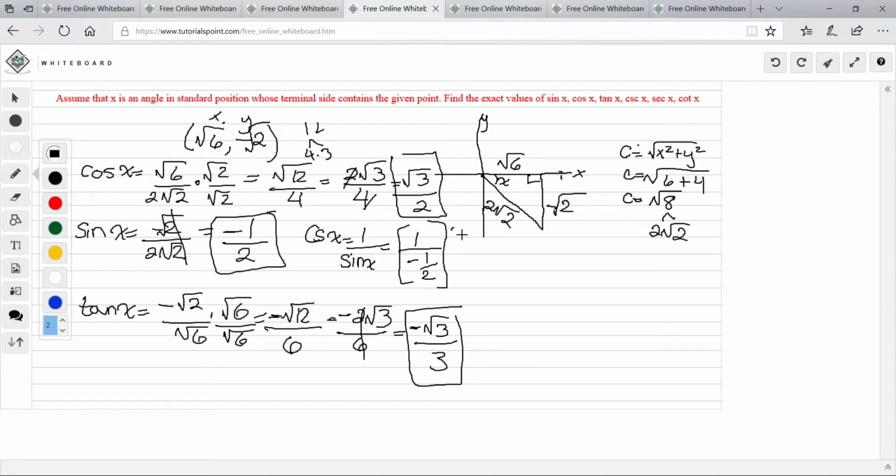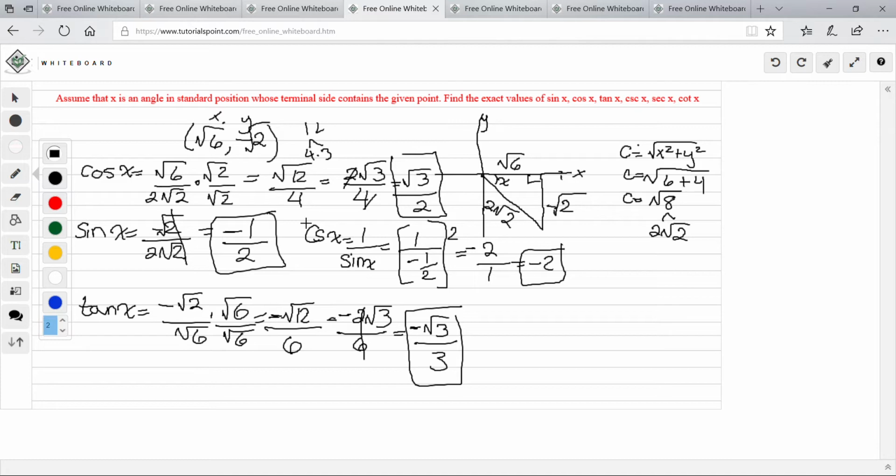Multiply everything by 2, so you're left with 2 over 1, and then don't forget the negative, so you're just left with negative 2. Okay, good.